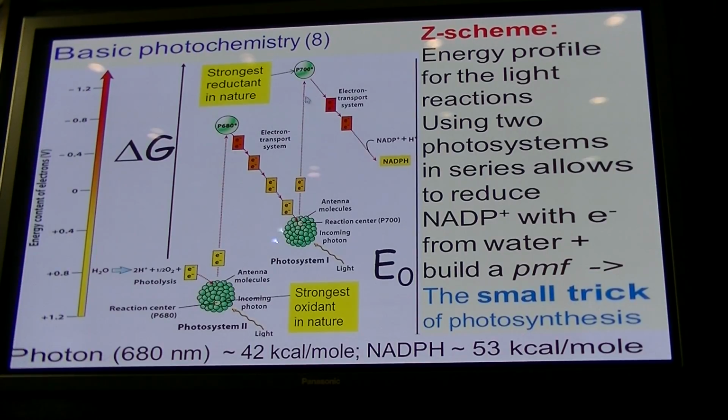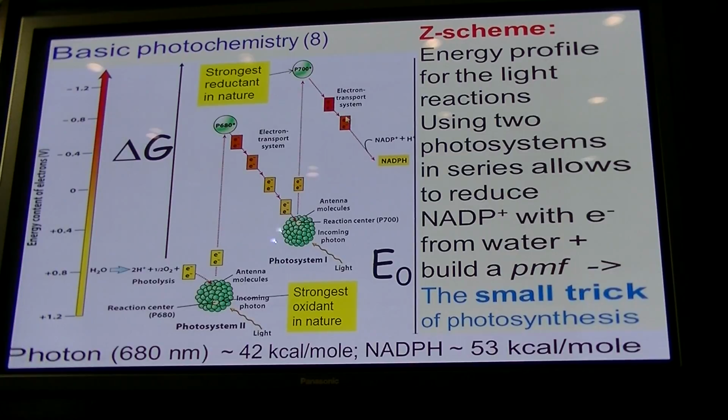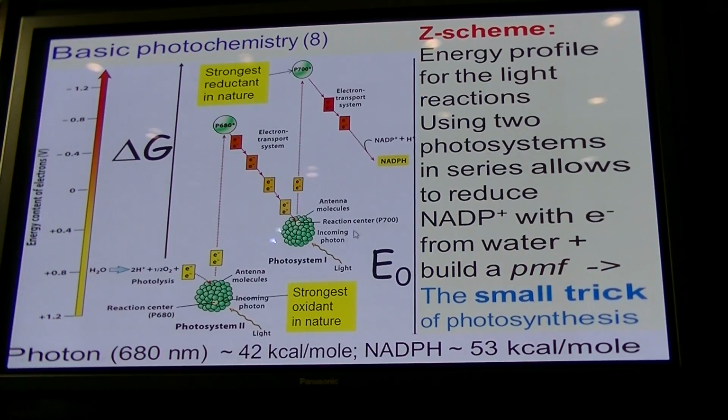So if a little bit more energy is added, we end up with a very high energy electron, which is a very strong reductant, so that can reduce things that are hard to reduce, such as NADPH. Because NADPH wants to really lose its electrons quite strongly. It's a strong reductant, but this is an even stronger reductant.